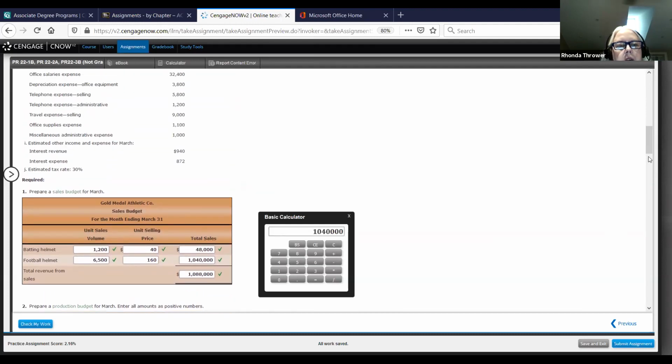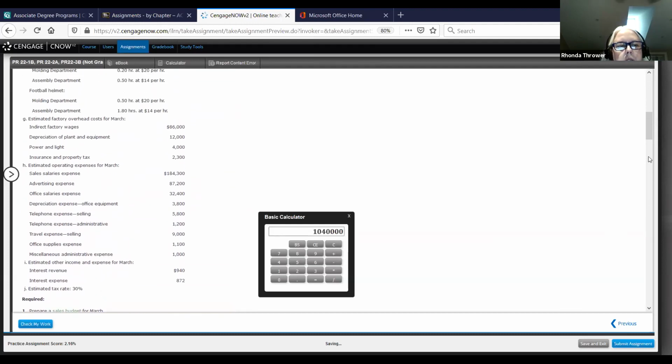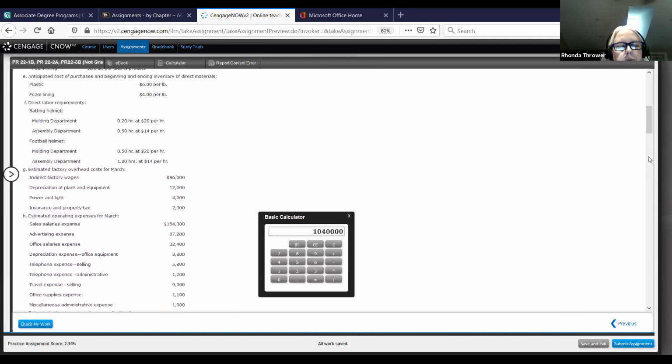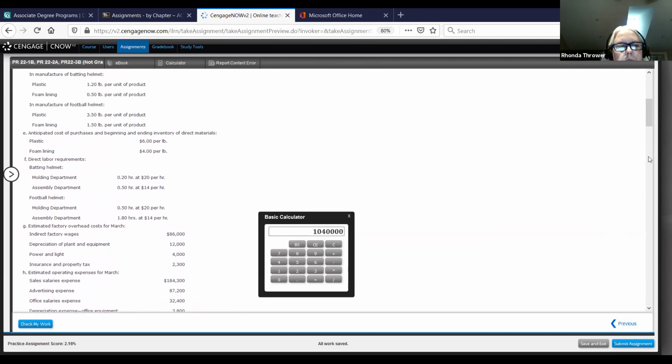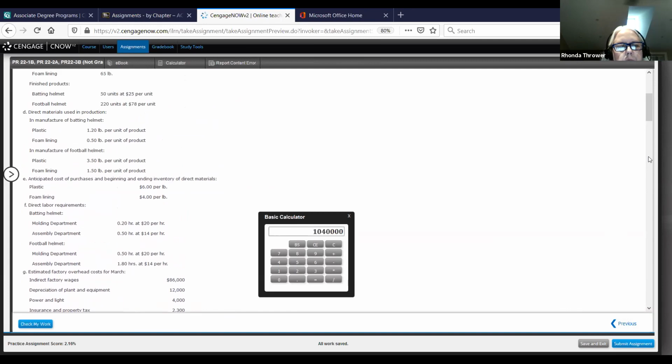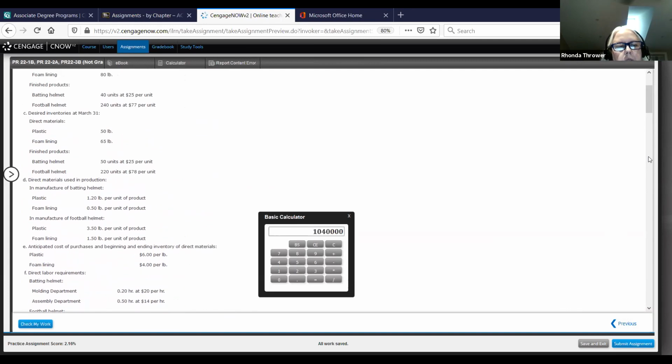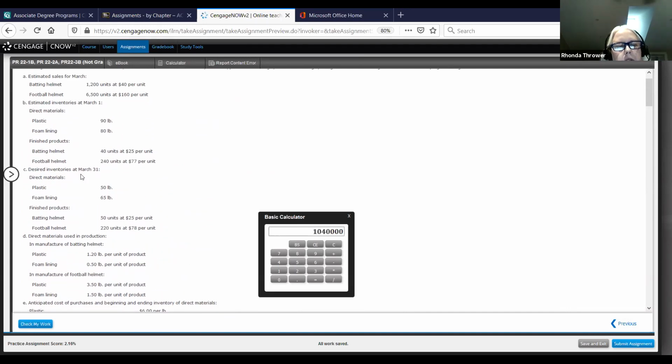So we're going to look at our ending inventory information that was given up above. And you can see in part C, they give you the ending inventory for March. They've given you finished products here, and we want 50 units of the batting helmets and 220 units of the football helmets.